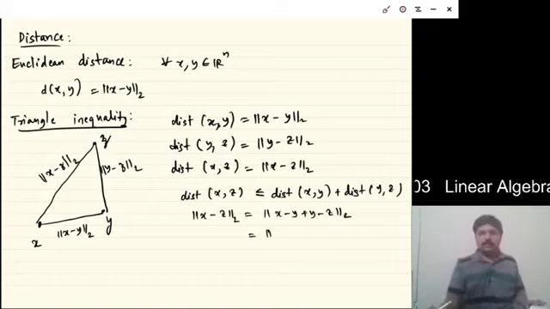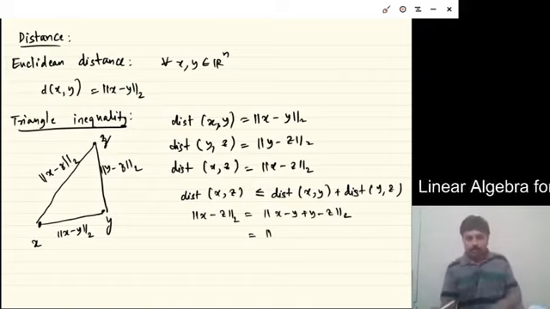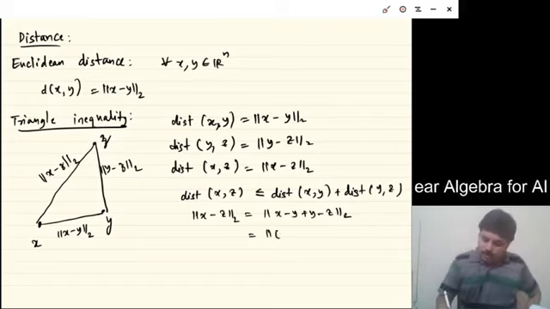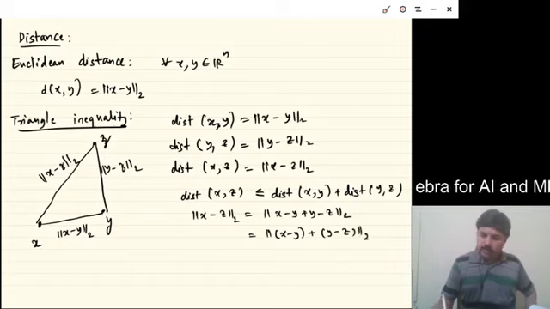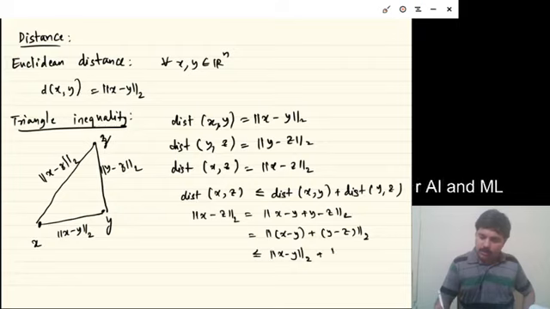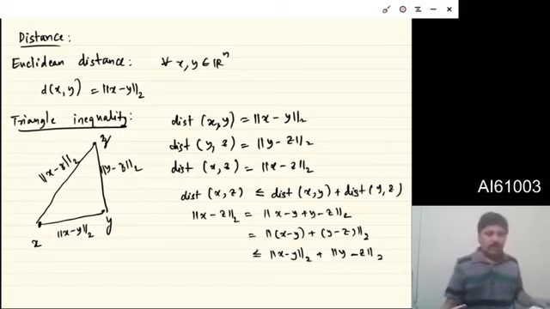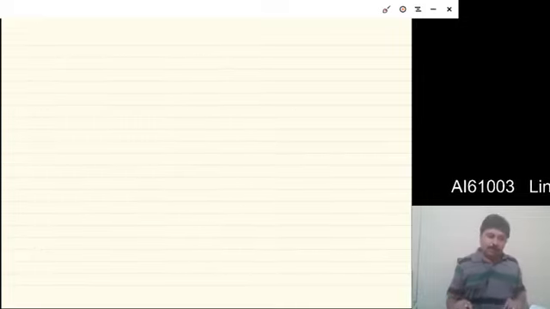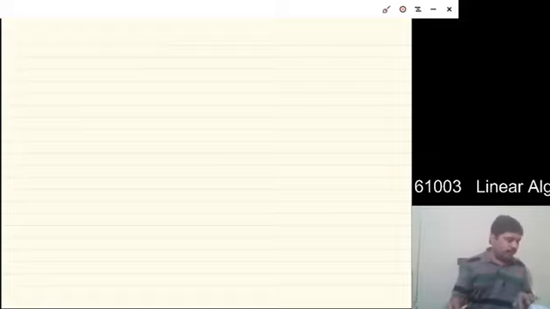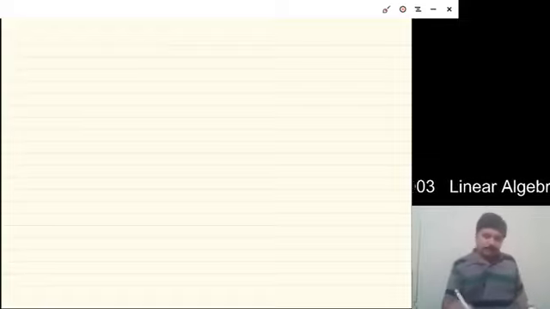So x minus y is one vector, y minus z is another vector. Then using triangle inequality, what do I know? Norm of x minus y plus y minus z. So that's the triangle inequality of the norms, and that leads to the triangle inequality between the distances. But this geometric intuition of the distances is really very clear. So that's the Euclidean distance between the two vectors.